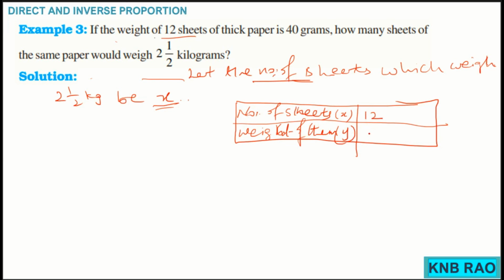When 12 sheets weigh 40 grams, x number of sheets weigh 2.5 kg. Here we have grams and kg, so let us convert 2.5 kg into grams. 2.5 into 1000 grams gives 2500 grams.